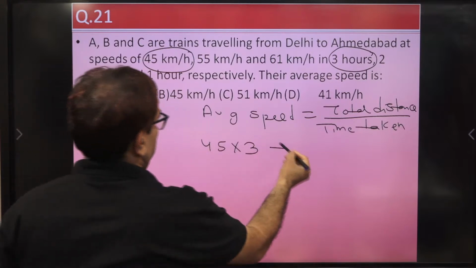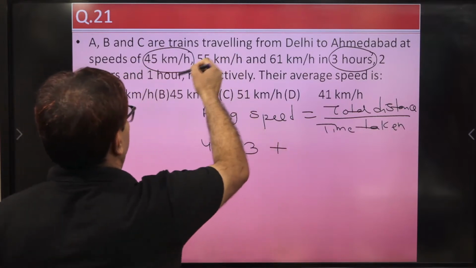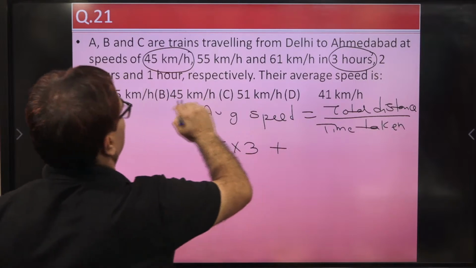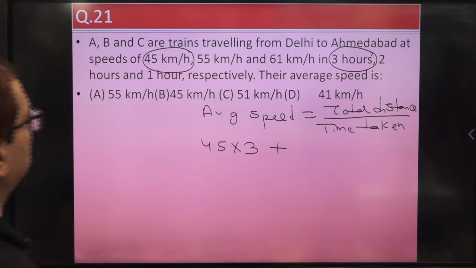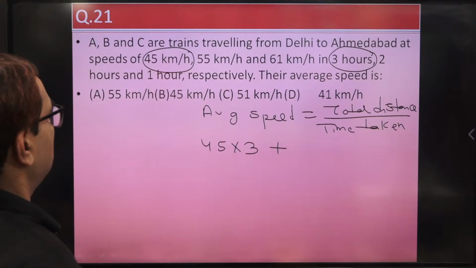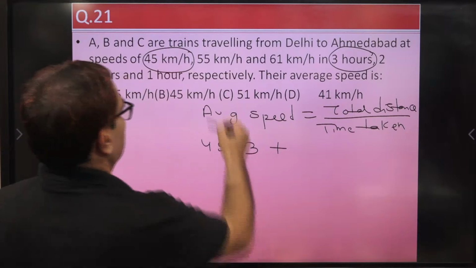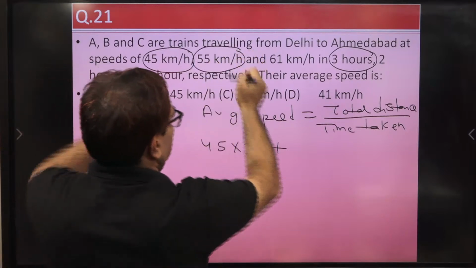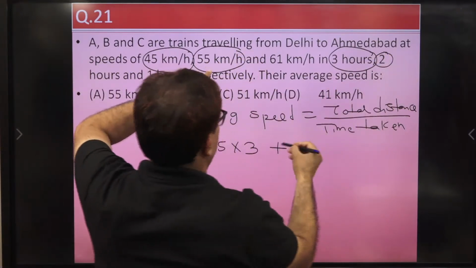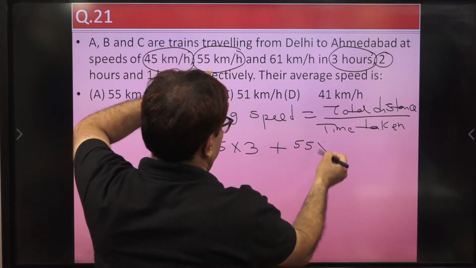Plus, now train B is moving at 55 kilometer per hour for 2 hours. So 55 into 2, the distance traveled will be this one.